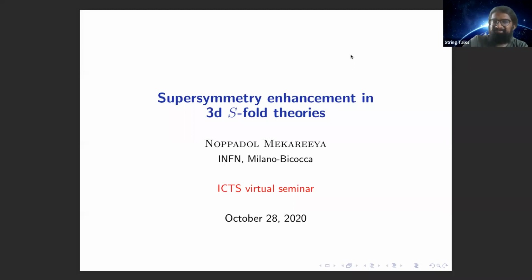Yes, so my talk will be about supersymmetry enhancement in a collection of three-dimensional field theories, which is, I would say, not so well known, this class of theory. It arises in quite a simple way and provides a collection of models which are superconformal in the infrared that have interesting behavior, okay?